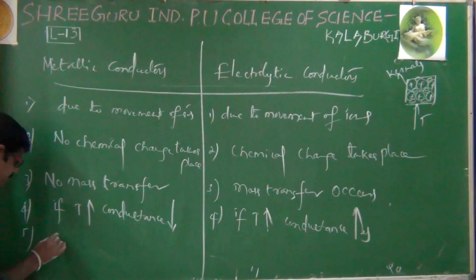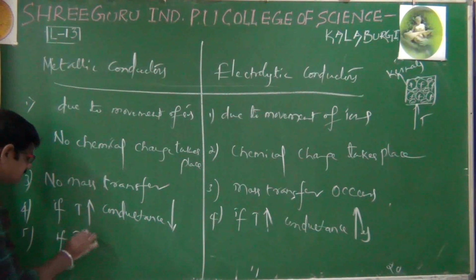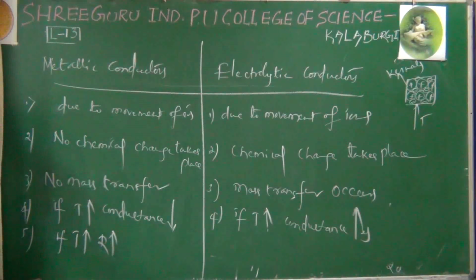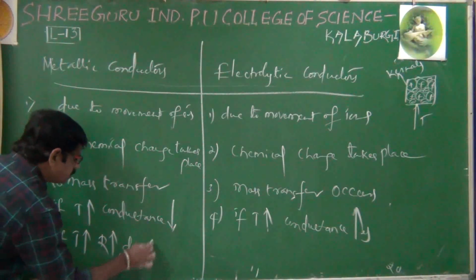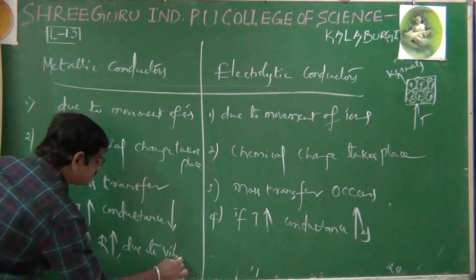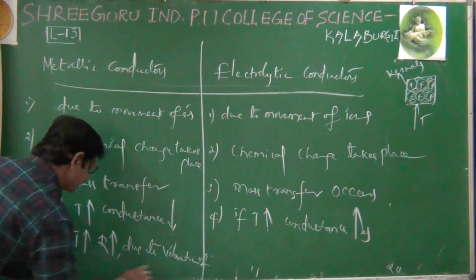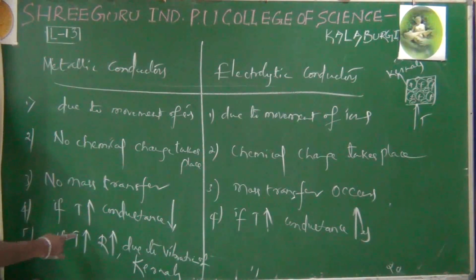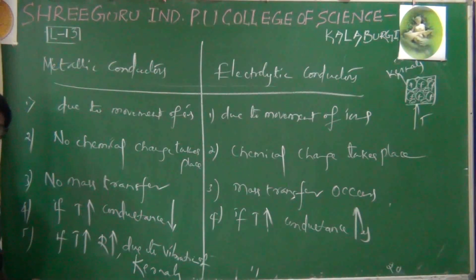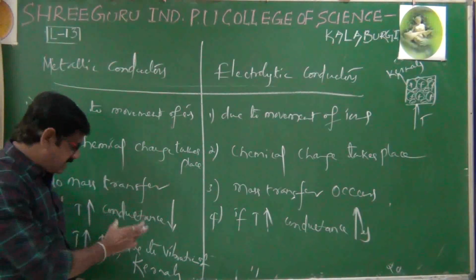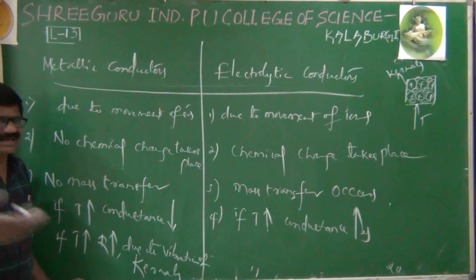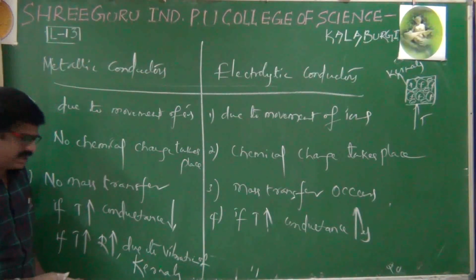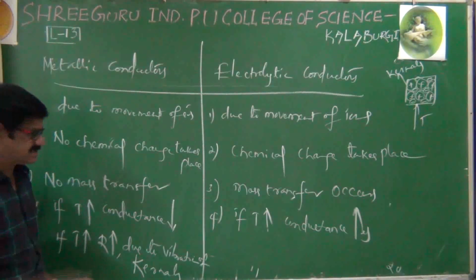What is the reason for resistance? It is due to vibration of kernels. Because of vibrations of kernels, electrons' movement will be spoiled. That's why conductance decreases.